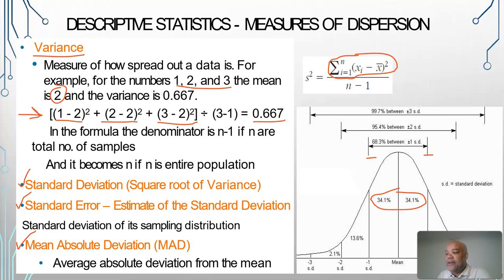Lastly, we have the mean absolute deviation, the MAD, which measures the average absolute distance of every data point from the mean, and it offers a simpler way to assess the spread. These metrics are essential for analyzing data distributions and making accurate inferences, whether evaluating product quality or predicting market trends.